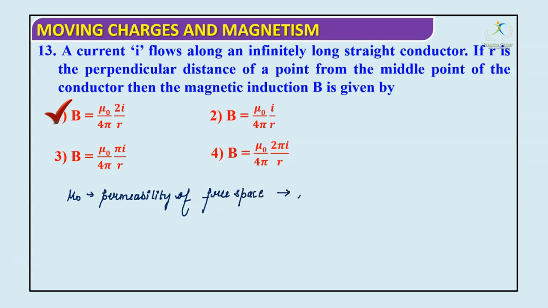The value of mu naught is 4 pi times 10 to the power minus 7, in Newton per ampere square.